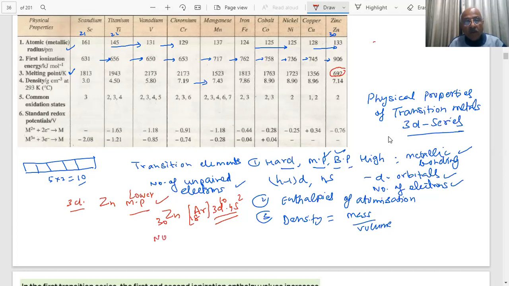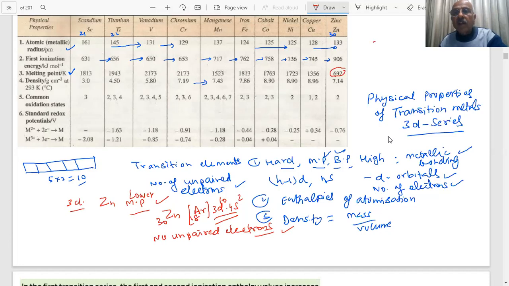There are no unpaired electrons, student. The larger the number of unpaired electrons, the stronger the metallic bonding, and that increases their enthalpy of atomization and melting points.